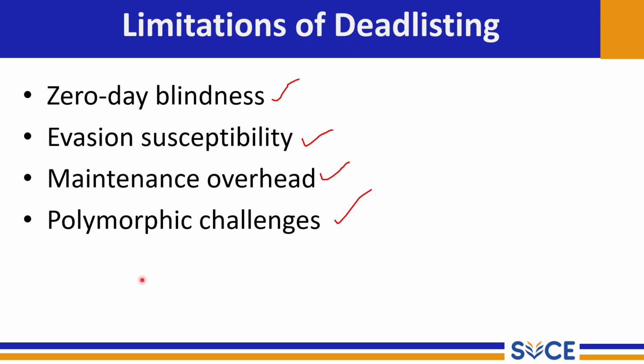But apart from this, we have so many cases in the case of ransomware, right? So what kind of limitations could we have in the case of dead listing? We have opaque predicates, control flow obfuscation, or binary obfuscation.